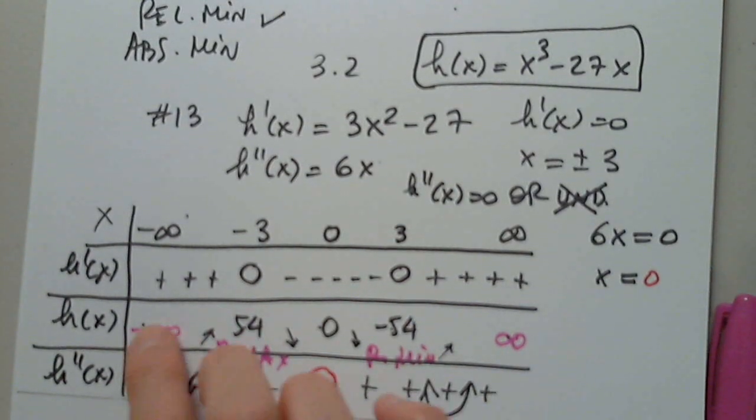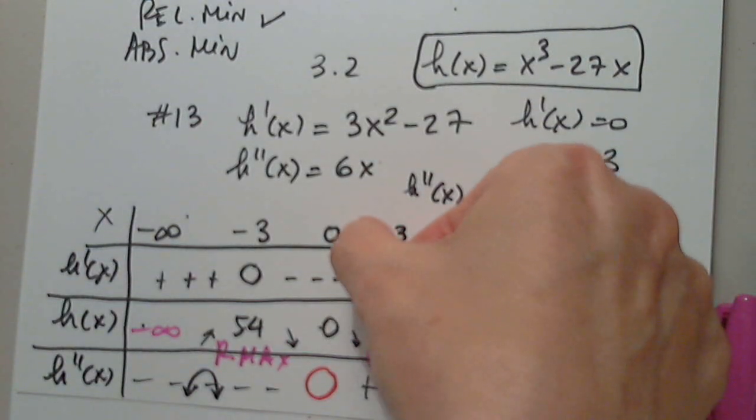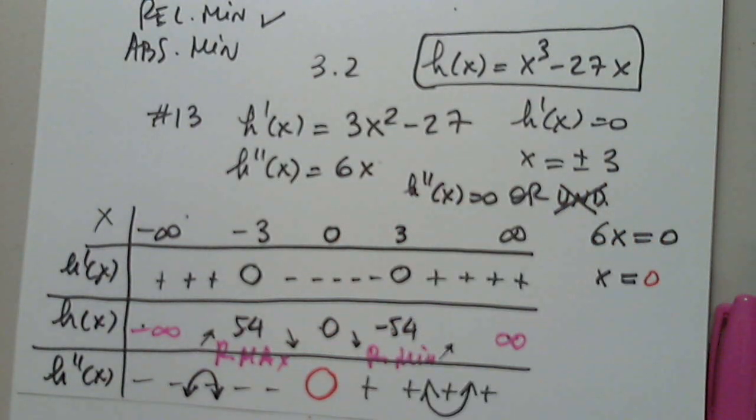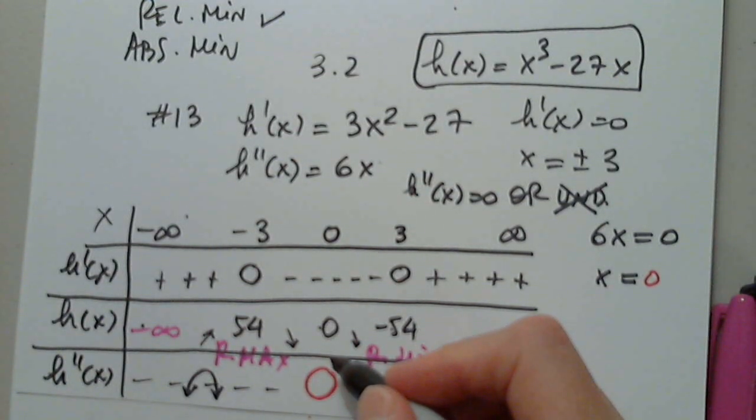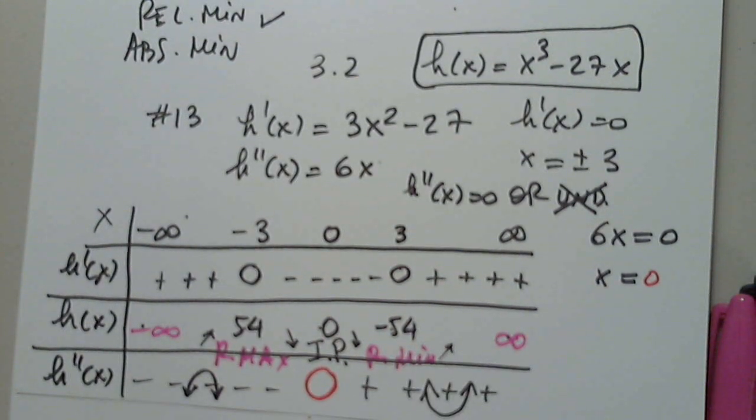When the function changes concavity, at this point (0, 0), the function has an inflection point, an IP. Awesome.